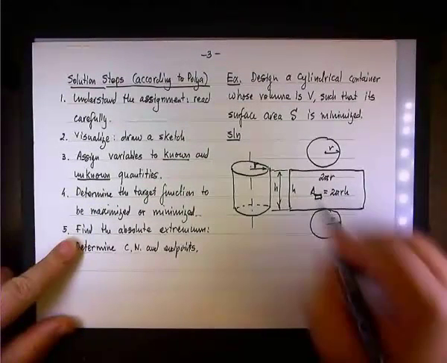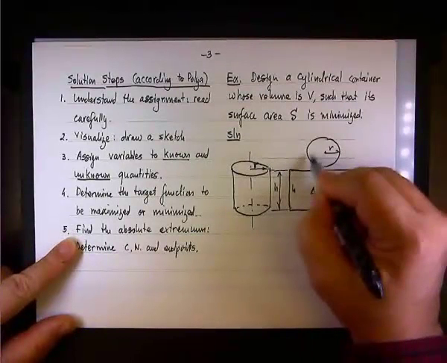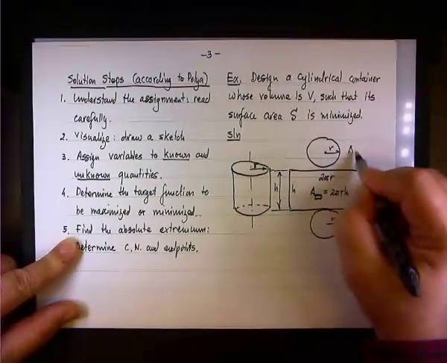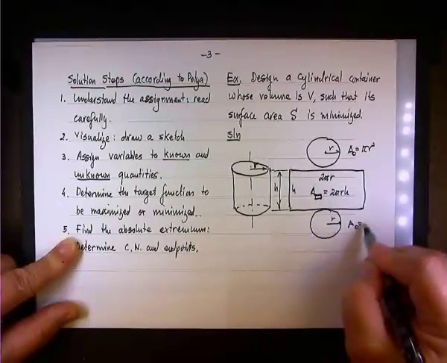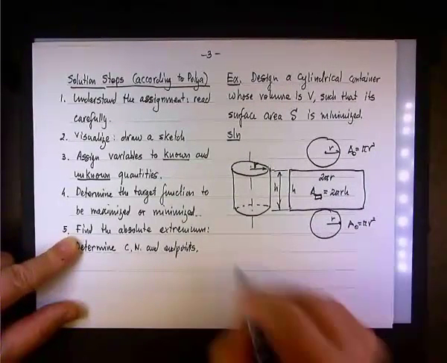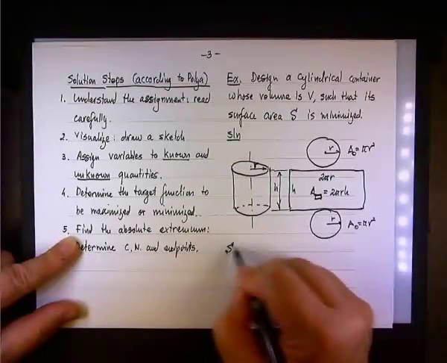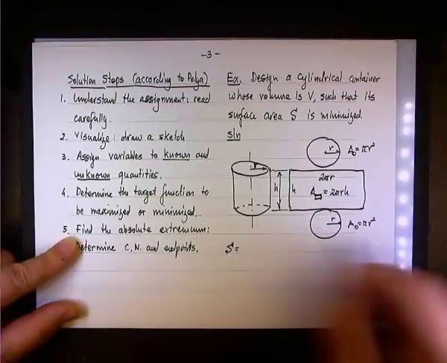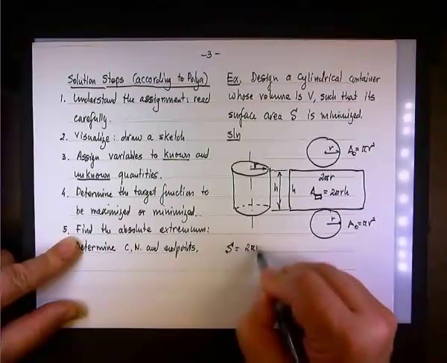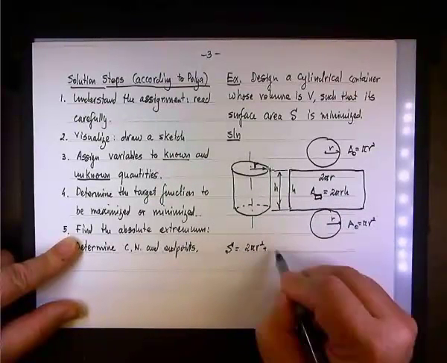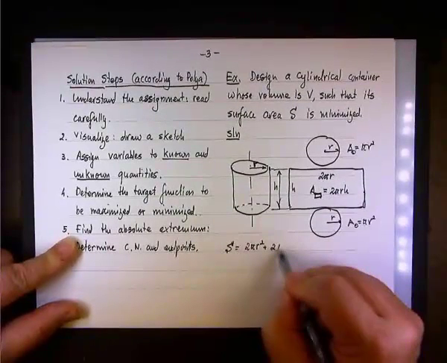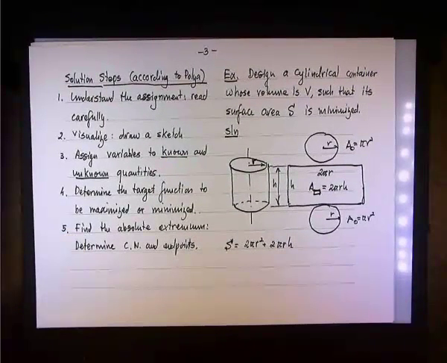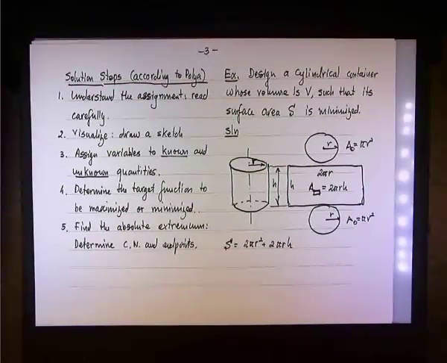And the area of the circle will be pi r squared, and same is the area of this circle. So the total surface area will be 2 times pi r squared plus the area of the envelope, the rectangle, which is 2 pi r h. Okay, now the problem is we have two unknowns, r and h.